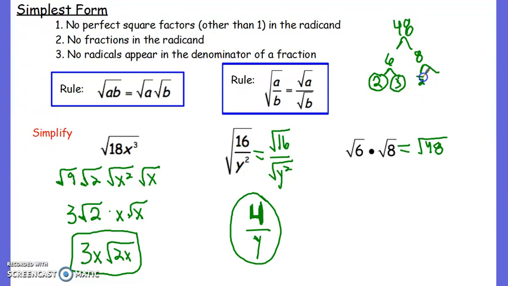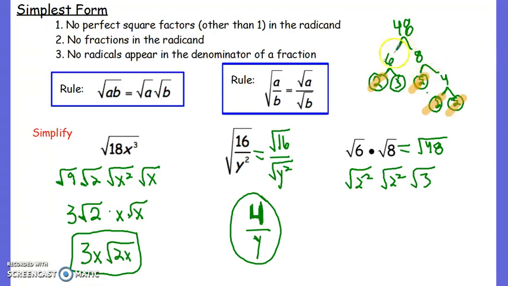So again, 8 could be broken into a 2 and a 4, and 4 can be broken into another couple of 2's. Realize that each one of those numbers is technically underneath that square root. So what we figured out is we actually have, if we consider the couple of 2's over here, and then again the couple of 2's right there, the square root of 2 squared, another square root of 2 squared, and the square root of 3, that other leftover leaf.